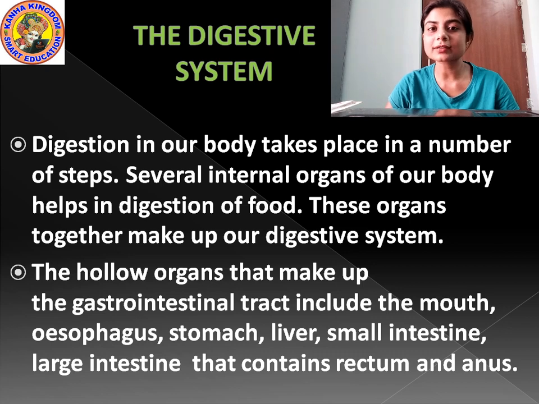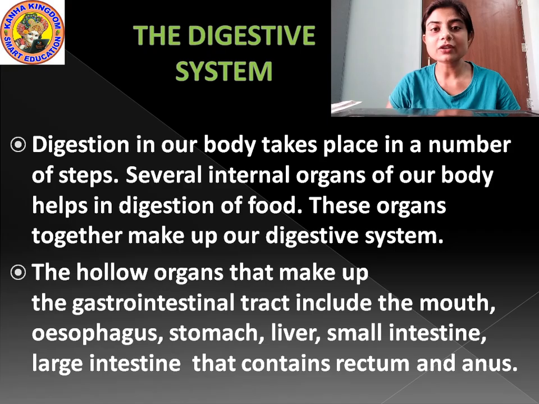So what are the organs of our gastrointestinal tract? Those are the mouth, the esophagus, or food pipe, through which the food passes inside our stomach. Then comes the stomach, then the liver, then the small intestine and large intestine, and in the large intestine there are two more organs, the rectum and anus.